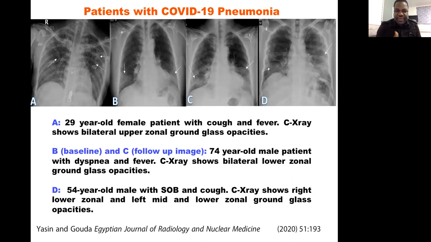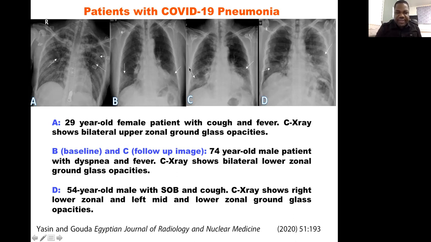The chest X-ray shows bilateral, so both sides, upper zonal ground glass opacities. You can see gray areas, hazy gray areas here and there, so it's both sides of the lung.